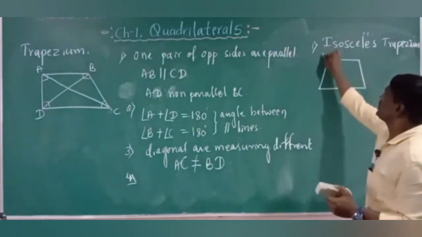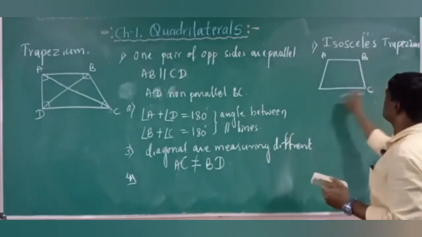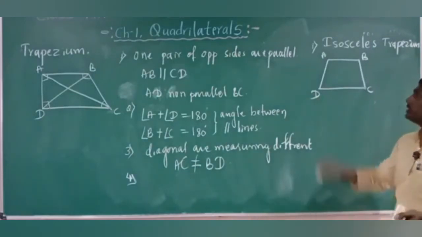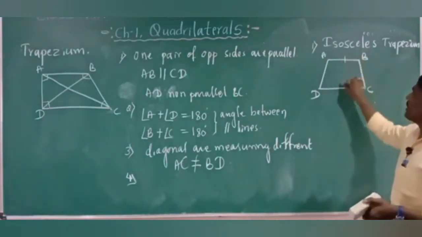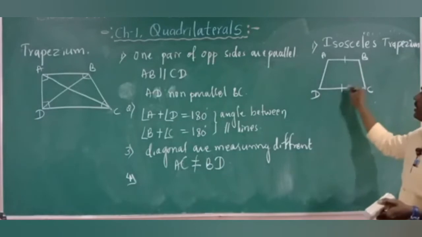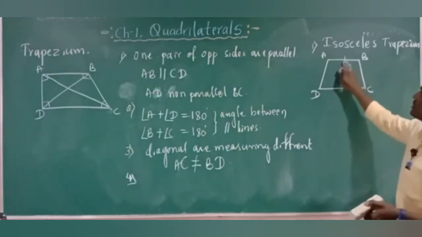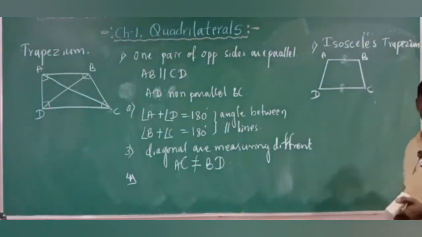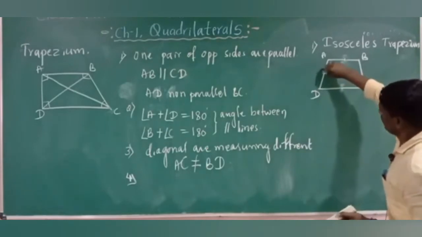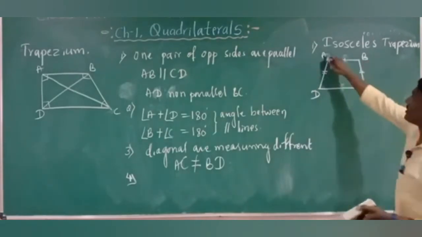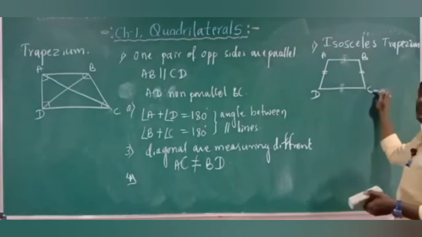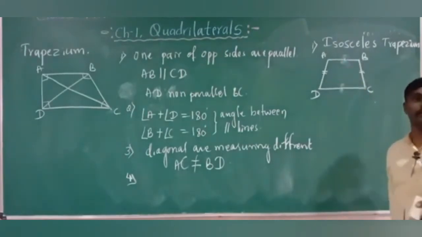This is the isosceles trapezium ABCD, in which the side AB is parallel to DC, and the non-parallel sides AD and BC are measuring equal length.